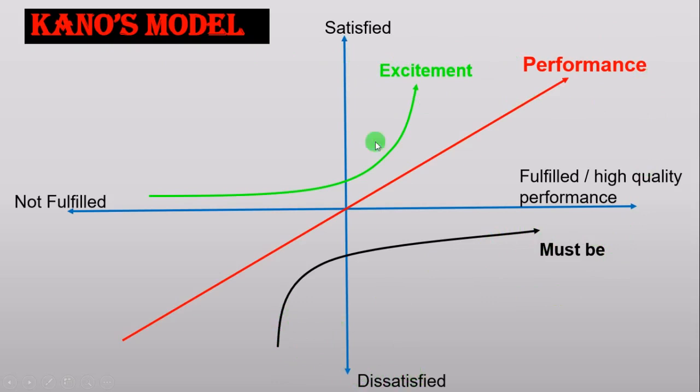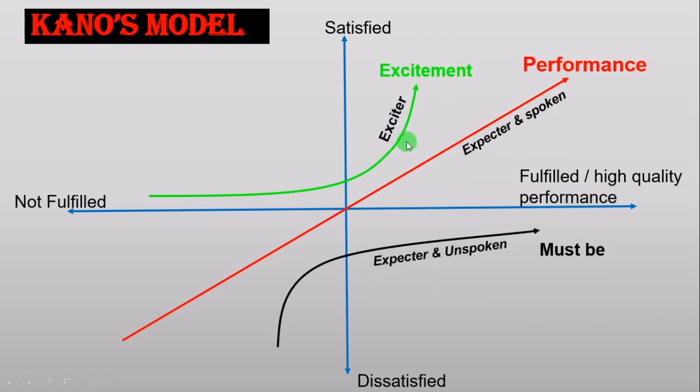You must know dissatisfaction, satisfaction, not fulfilled or fulfilled. Again, we can draw these linear curves, then the second curve for must-be and the third curve for excitement in the Kano model. So the four categories come under this primary requirement of the customer.